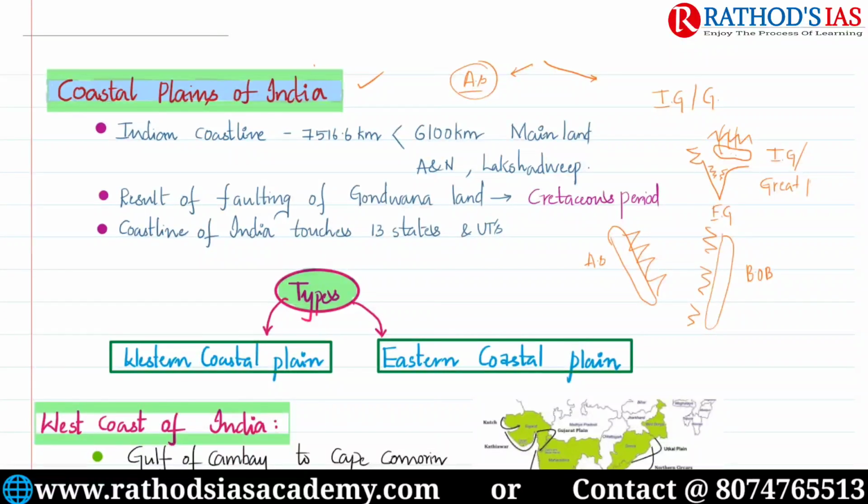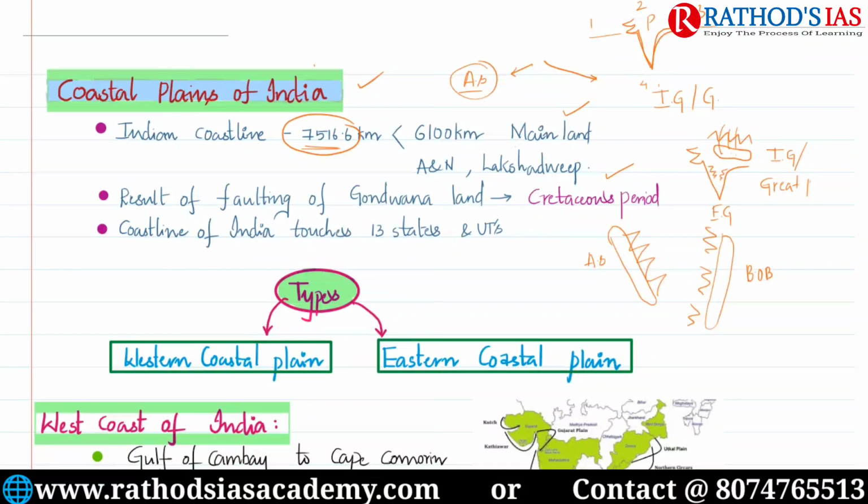If you are talking about the Indian coastline, it is very large when we compare, because India is a peninsula. Peninsula means nothing but we have land on three sides and on one side we have water. This structure is called a peninsula, and from here to here we have a very long coastline. The Indian coastline is around 7,516.6 kilometers, which includes both the mainland and the island groups' coastline.